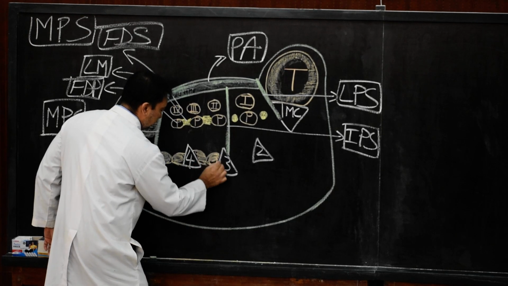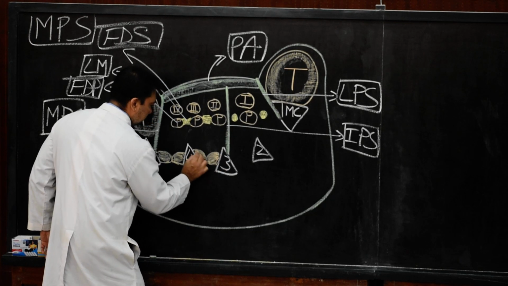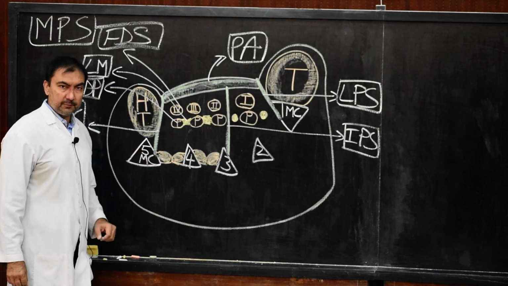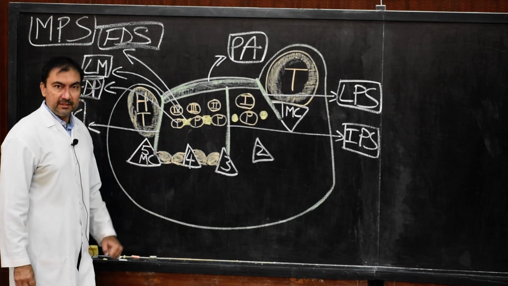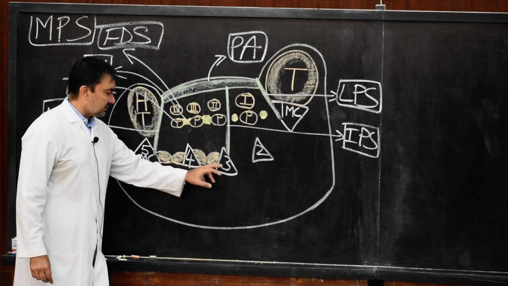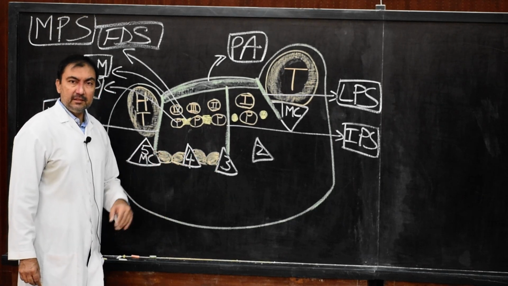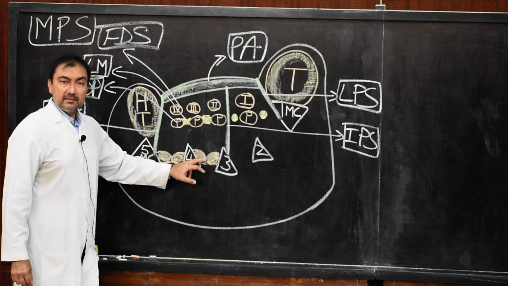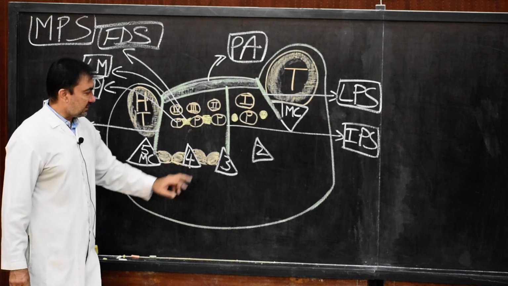So therefore between fifth and fourth metacarpal is the fourth metacarpal space where we have bipinnate dorsal interossei. Between the fourth and the third metacarpal, we have the third metacarpal space which contains the third dorsal interosseous muscle.